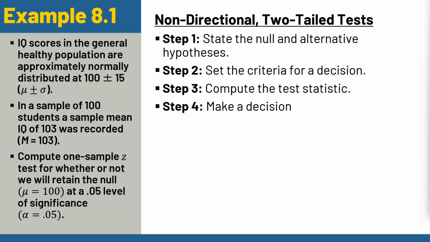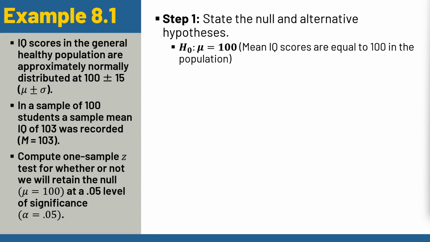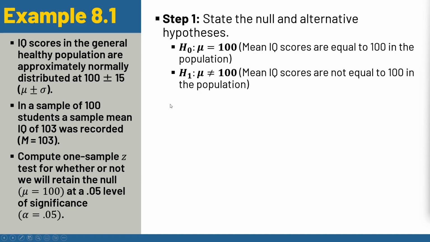And so I'm getting ahead of myself, so let's back up here. Let's walk through these steps one by one. First one, stating the null and alternative hypotheses. Well, the null hypothesis, as I just stated, is what we already know, or what we presume to be true, which is that mu equals 100. Mean IQ scores are equal to 100 in the population.